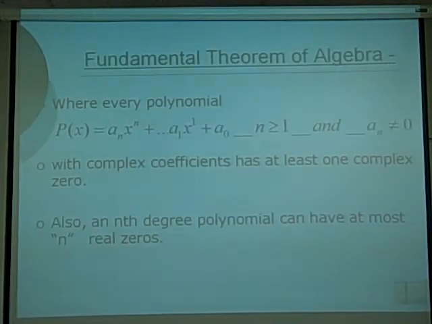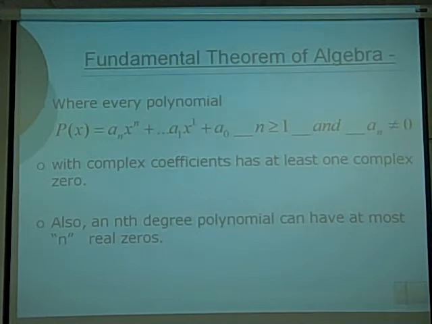The fundamental theorem of algebra: every polynomial, such as ax to the n and so on, where n is greater than or equal to 1, and our coefficient is not 0, with complex coefficients, has at least one complex 0.